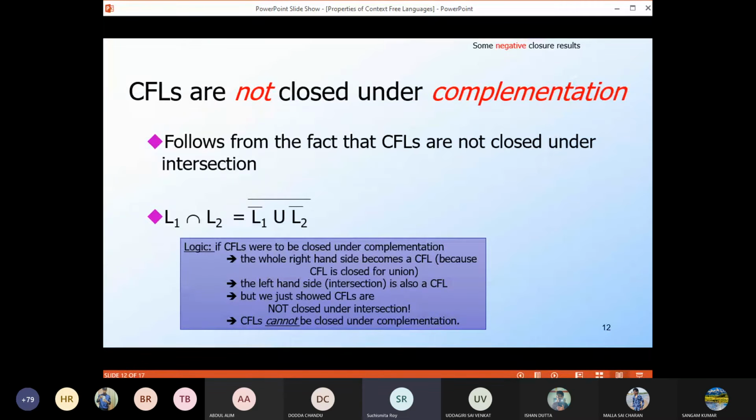So if complementation also were closed, then intersection also would have to be closed. We know that intersection is not closed, so obviously this tells us that complementation cannot be closed. So complementation is not closed for context-free languages.